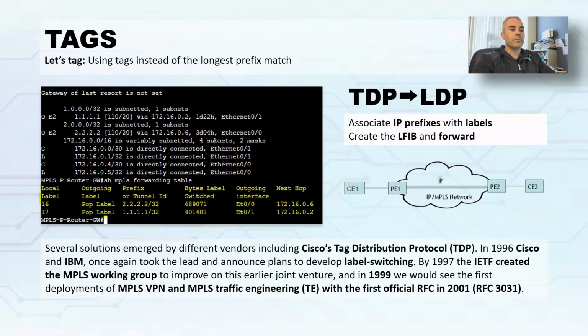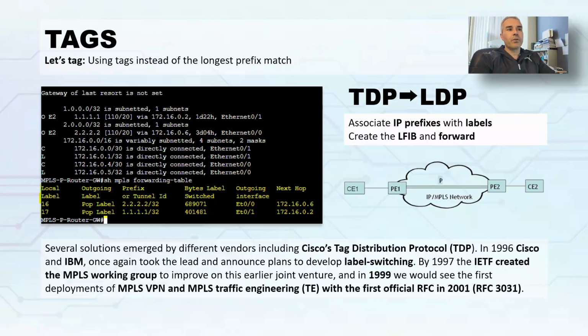Then the official RFC for MPLS came out in 2001, which I believe is RFC 3031. So again, TDP became LDP.